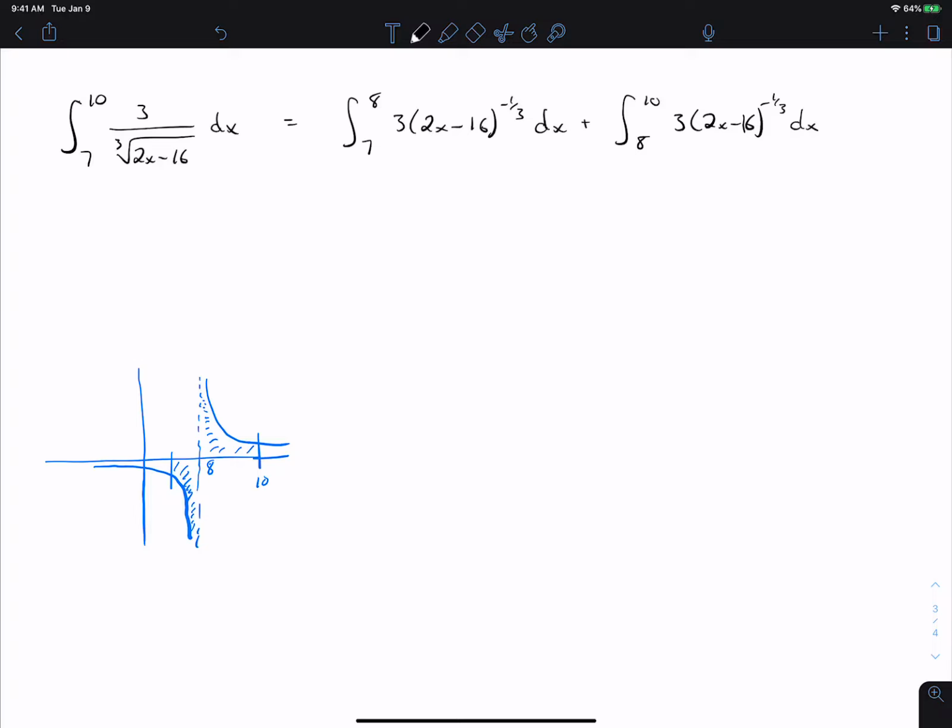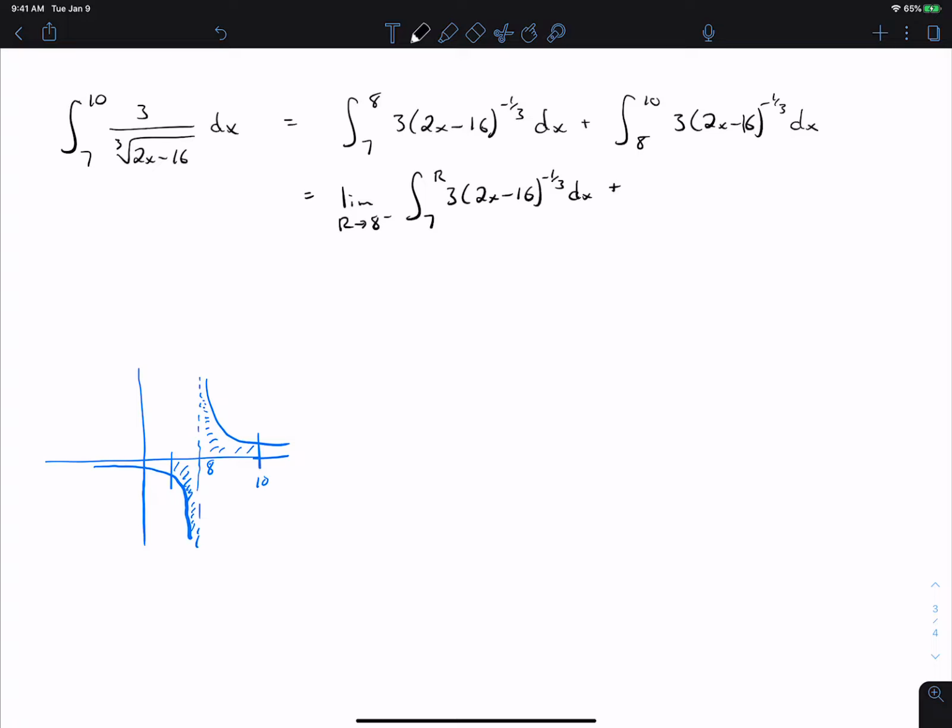And now we're going to do two problems like the ones we did above. So we're going to look at the first one, the limit as r approaches 8 from the left of the integral from 7 to r of 3 times (2x minus 16) to the negative 1/3 dx.